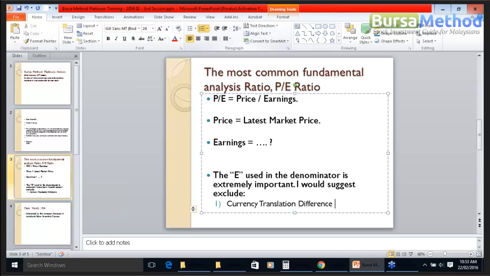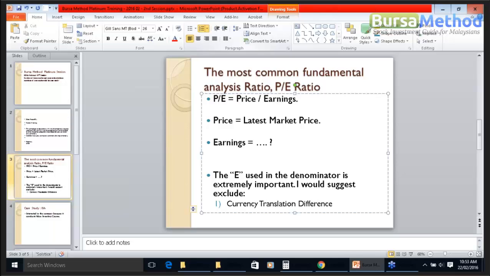Unless you expect it to weaken every year at the same percentage, but that's unlikely. If last year our ringgit dropped by 20%, this year it's unlikely to drop another 20%. Maybe it might drop another 3%, but we cannot expect it to drop by 20% every year. It might also happen the other way, so you never know. Yeah, correct. So this is not your day-to-day bread and butter income.